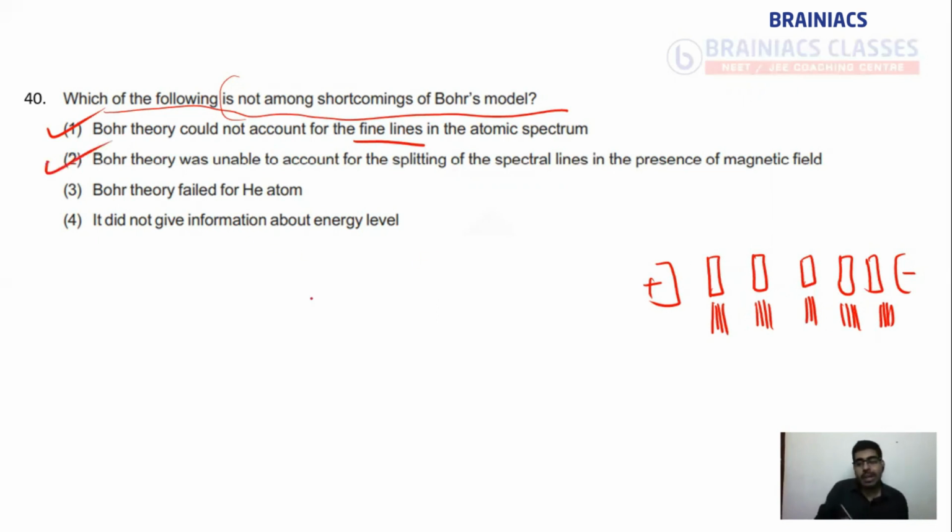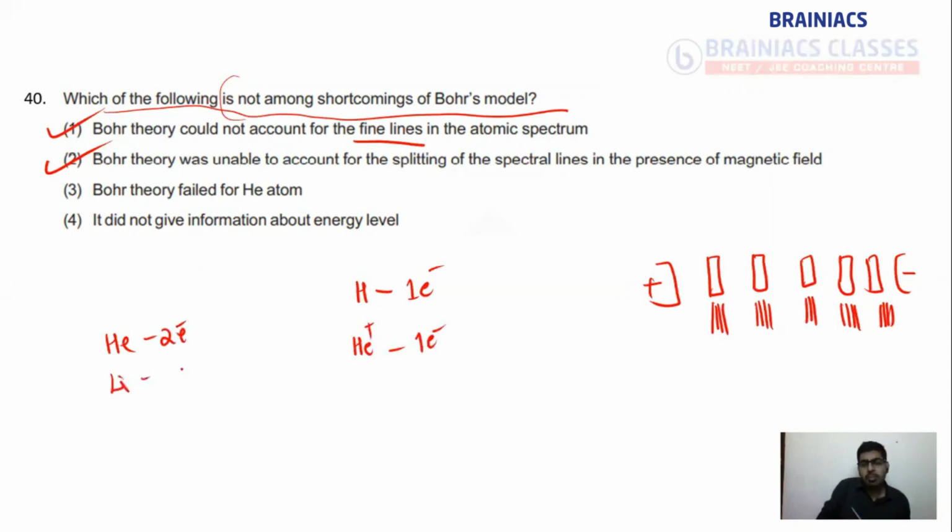Bohr theory failed for the helium atom, right? Bohr theory could not explain the line spectrum of helium. It could explain the line spectrum of hydrogen, which contains 1 electron. It could not explain helium, which contains 2 electrons, but it could explain the line spectrum of He+, which contains 1 electron.